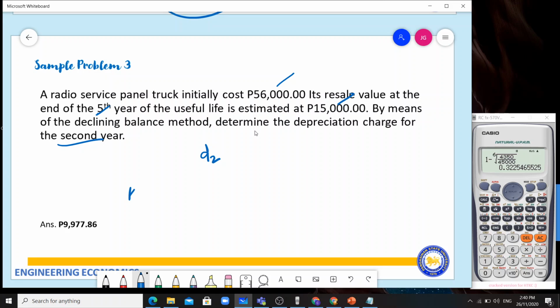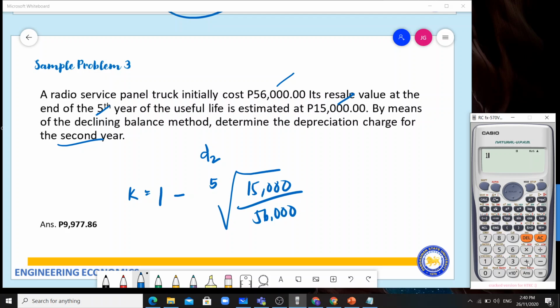We are not given K, so let's find K. 1 minus the fifth root of salvage value, 15,000 over 56,000. So that is 23.16%.